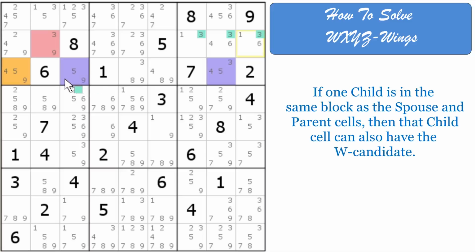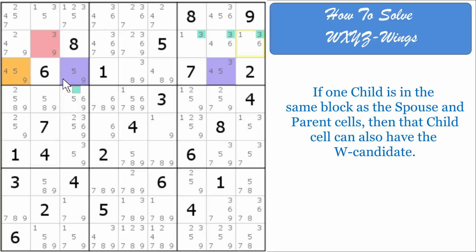Okay, the reason why it works in this case is that the W candidate, the 9, yes, it has to be between the parent and the spouse. But if the child is within the same block, then it can also share that W candidate. It can also share that 9. And I'll show you, it'll work.